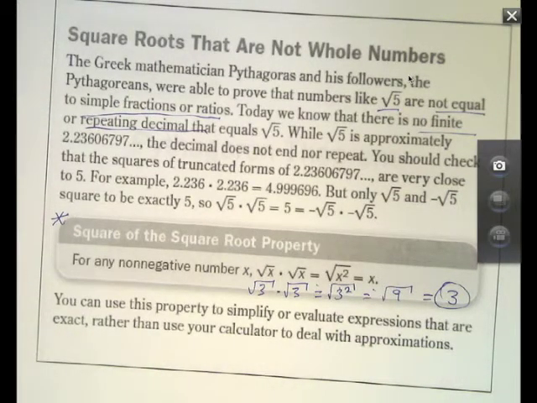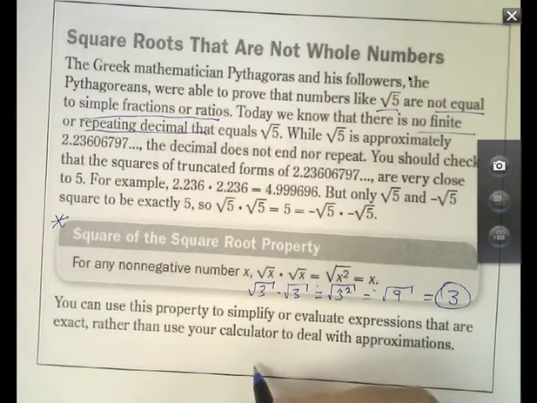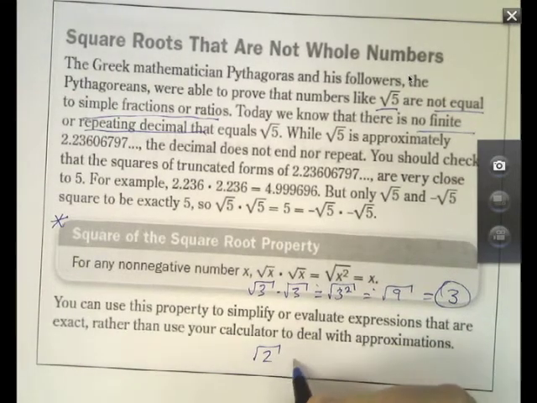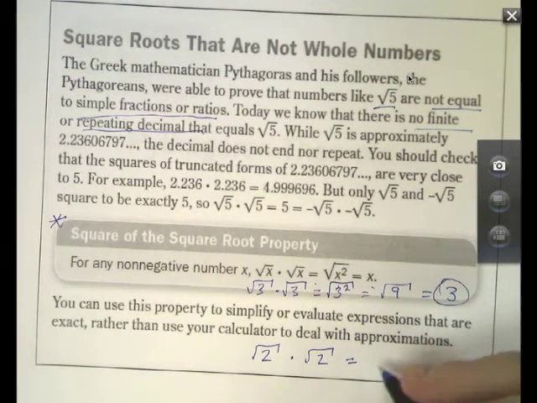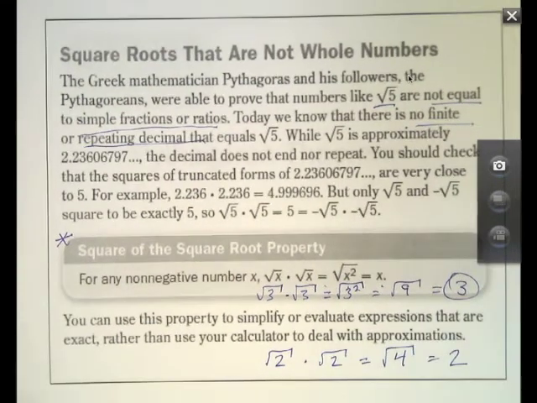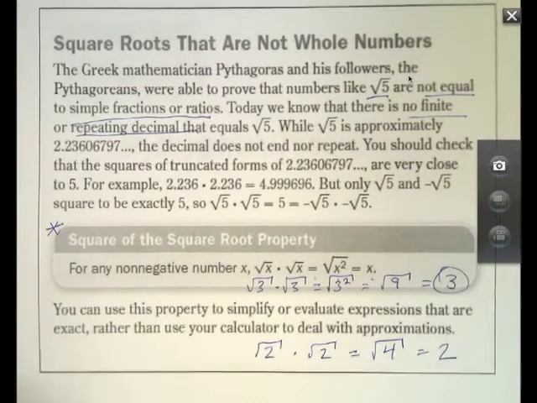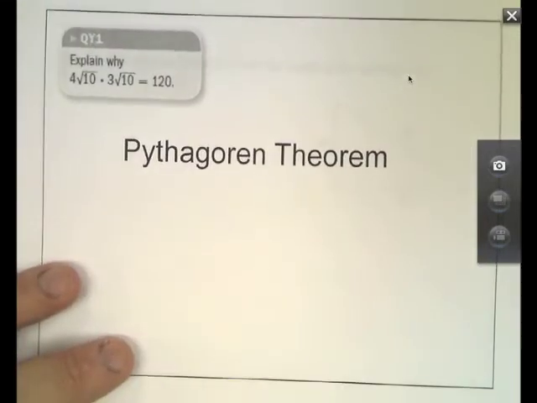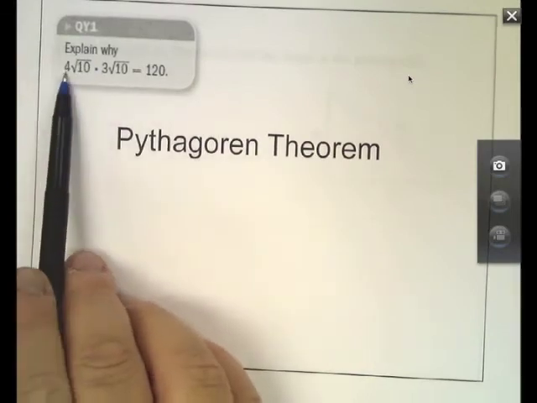Okay? You can use this property to simplify or evaluate expressions that are exact, rather than using your calculator to deal with approximations. Okay? This is a very handy way. Okay? We don't know what the square root of 2 is. Square root of 2 times the square root of 2 equals square root of 4, which is equal to 2. Okay? Square of the square root property.